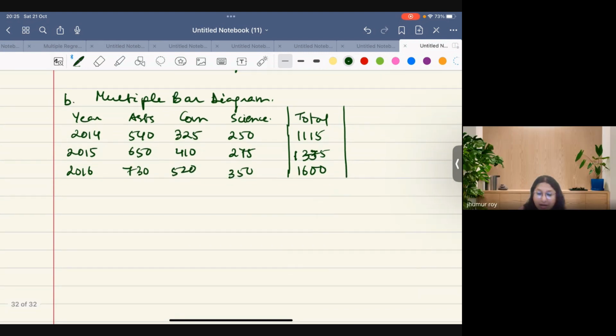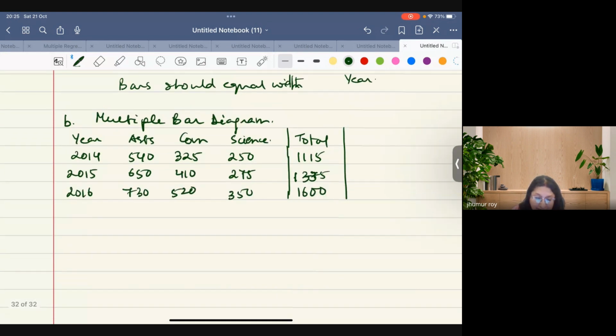So now I will be dealing with two types of diagrams here. The first I'm telling you is how to draw the multiple bar diagram, and I will show you the subdivided bar diagram also along with it. So now, if you see this information, there are two types of information which we have. One is that we talk about year, and we talk about the different students.